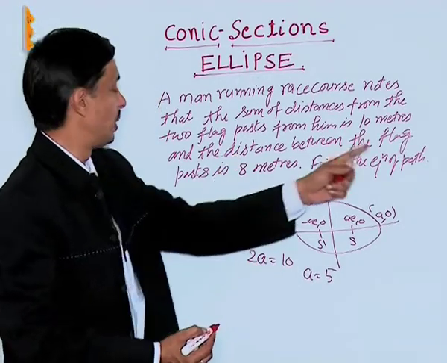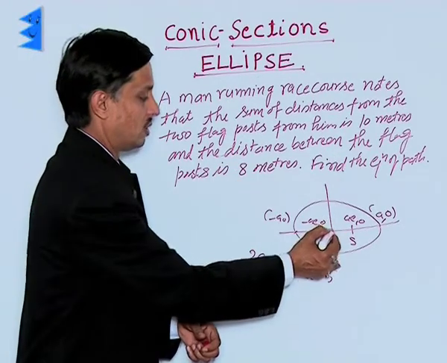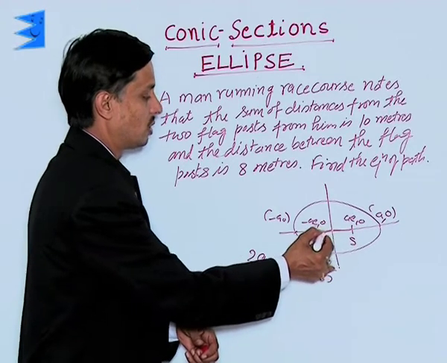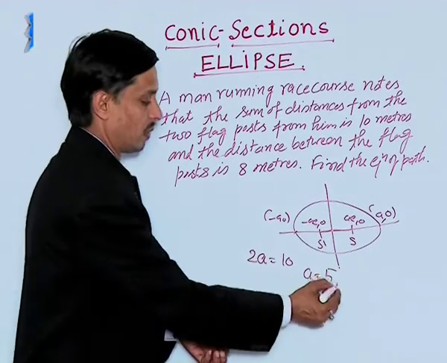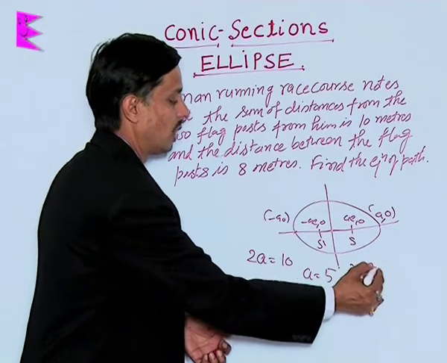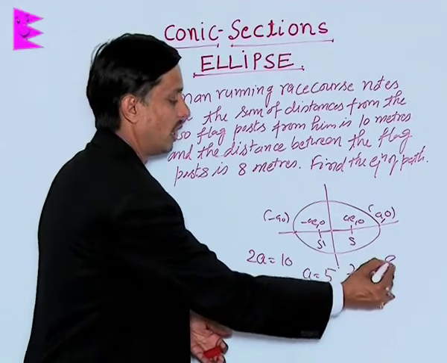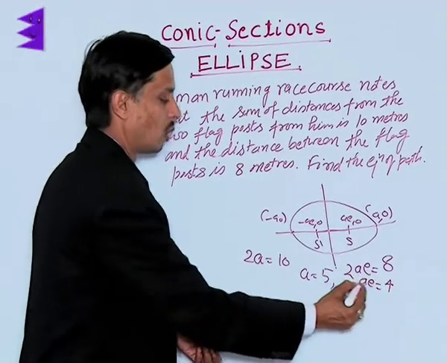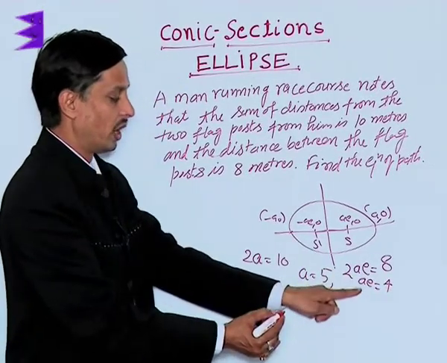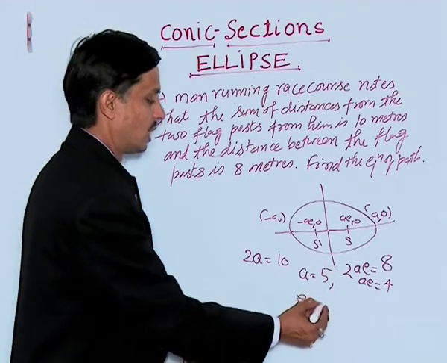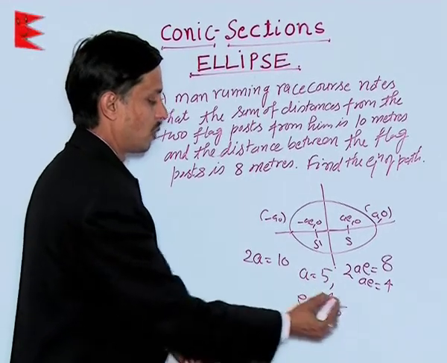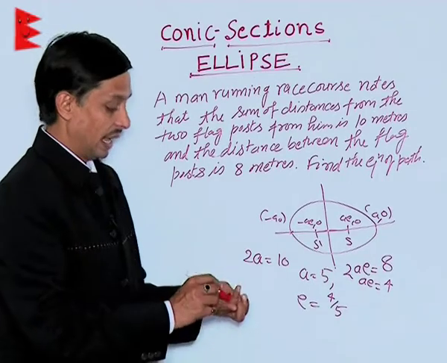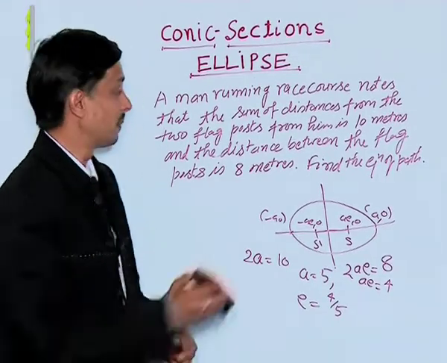And the distance between the flag posts is ae and minus ae, so 2ae is given to you as 8, but you can say ae is 4 and a is calculated as 5. So the eccentricity comes to 4 upon 5.